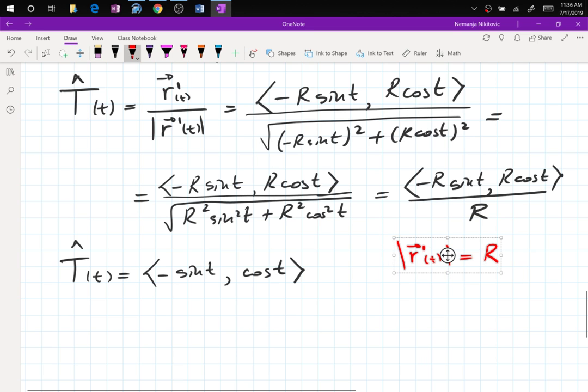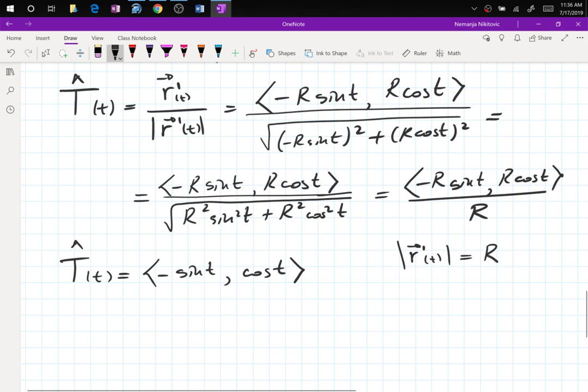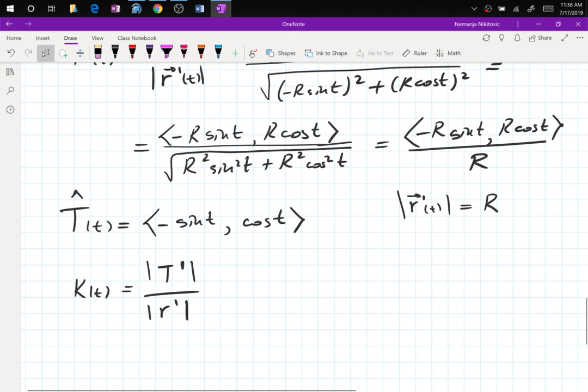Let me see. Can I change the color of this? Yes, good. So this is something that is on the side. So now when I want to calculate the curvature, I need the T prime magnitude divided by r prime magnitude. Now T prime is going to be derivatives of these. That's negative cosine t, negative sine t.